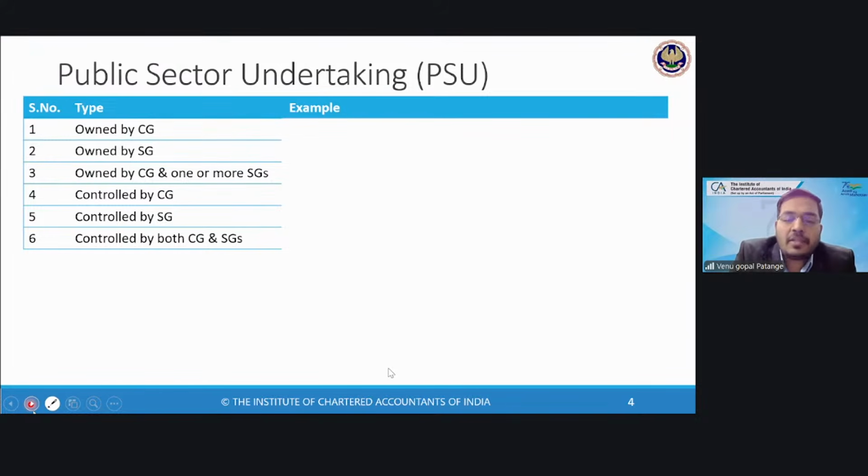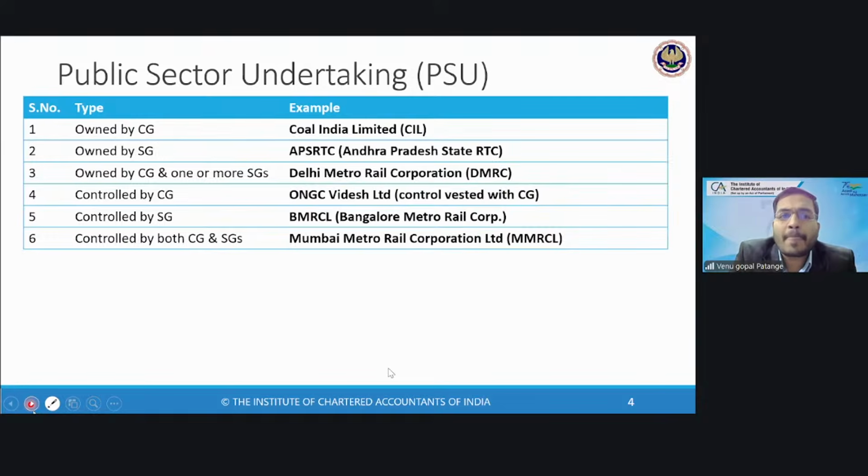When it comes to a company, if more than 51% is owned by the central government, held by a state government, partly by central and partly by state government, or partly by different state governments, it will be considered a PSU. Here the criteria is 50%, 51% or more.